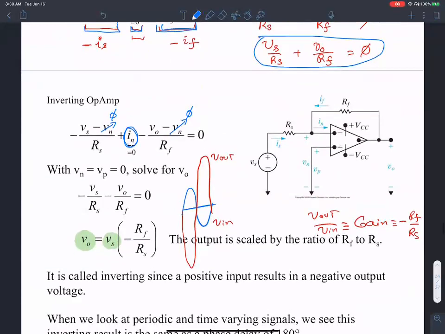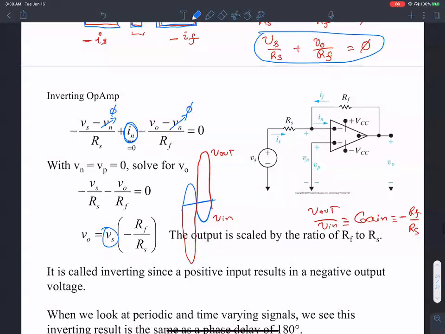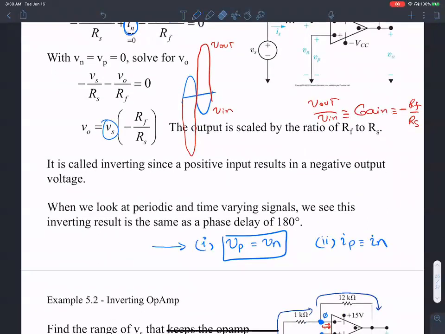Okay, and then I can manipulate V output to be expressed in terms of Vs and Rf.